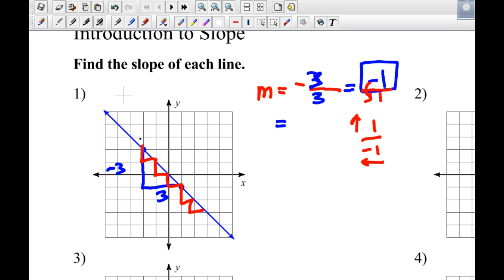Those are also on the line. So not only are the numbers equivalent to each other, when you actually do the rise and run of negative 3 over 3 and negative 1 over 1, they still get you points on the line. That's why they're equivalent here. You don't need to do all that, I'm just pointing it out.